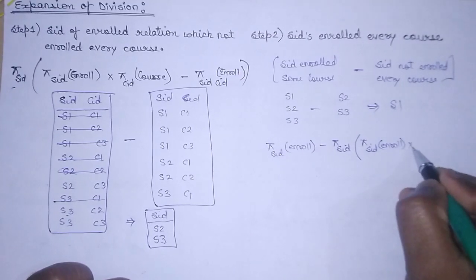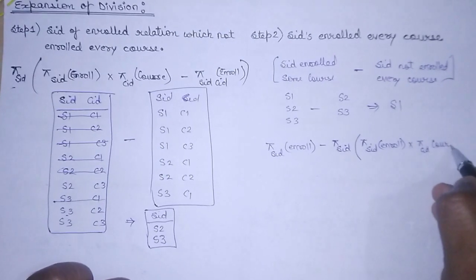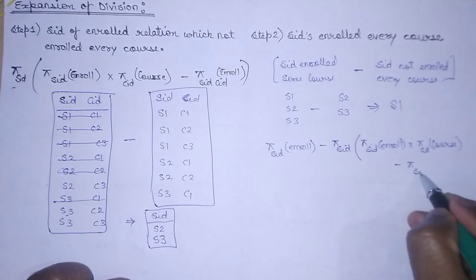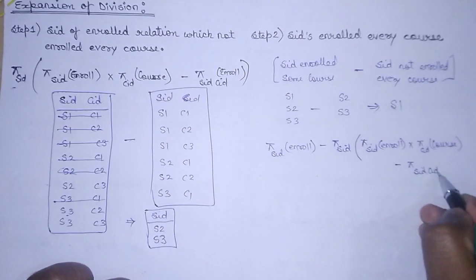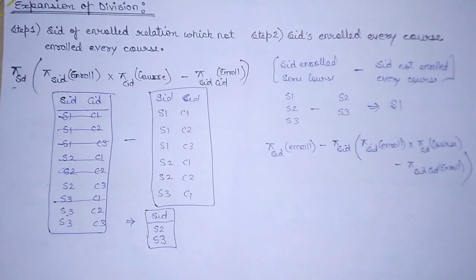So I'm just writing the same query. I already explained to you how this thing works. Right? Then we'll be subtracting the actual given values. So this is how it can be expanded further.